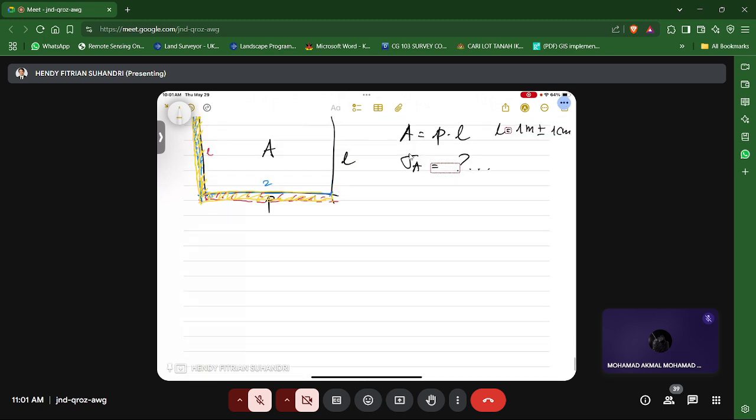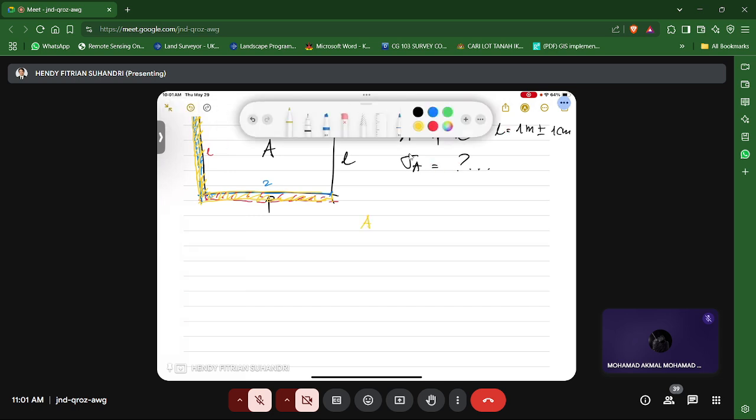Now let's see how we solve this equation. Again, A equals P times L. I know that independent variables are P and L, while the dependent variable is A. So, how do I find the sigma A?